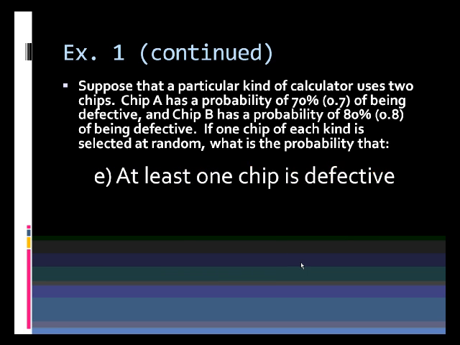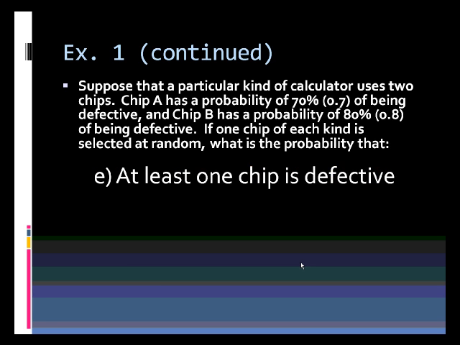How about the probability that at least one chip is defective? At least one chip is defective. Two different ways we could work this. Ideas. Haley? Subtract 6% from 100%. Good.